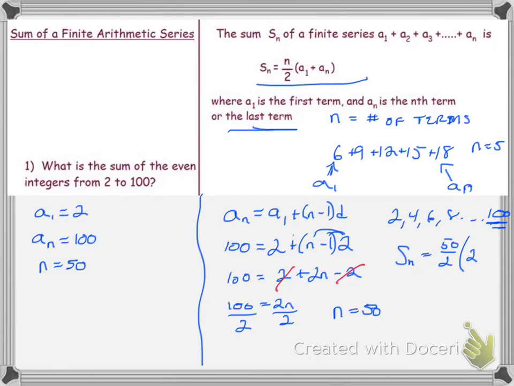A1 is 2. A sub n is 100. So to find the sum of the first 50 terms, which is really going to be S sub 50, 25 times 102 becomes 2,550, and that's the sum of the first 50 terms.